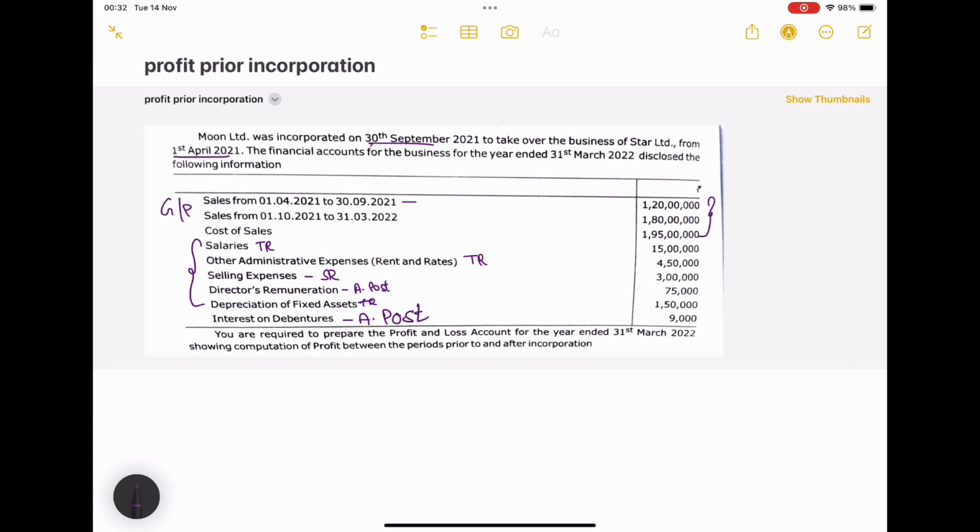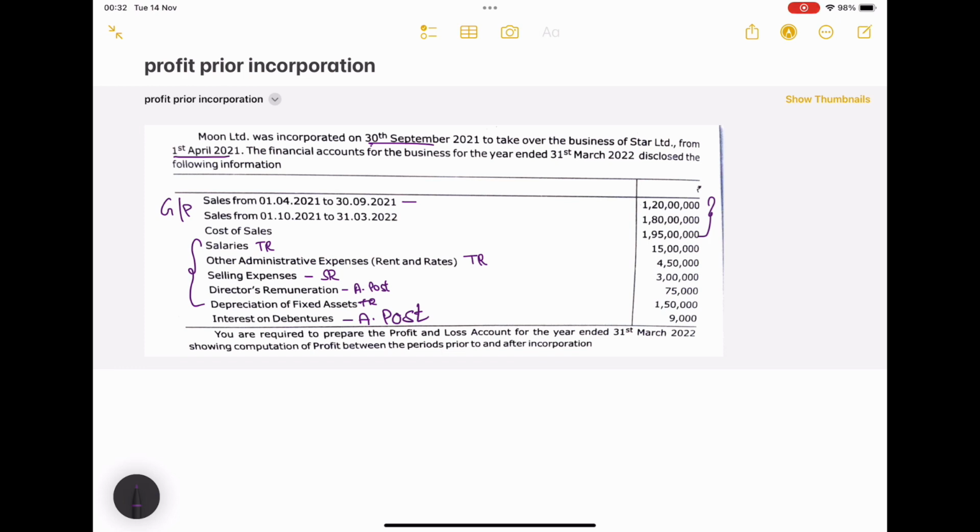Got it? You are required to prepare the P&L account for the year ended 31st March 22, showing the computation of profit between the periods prior and post incorporation. So here what we are going to do is solve the problem.